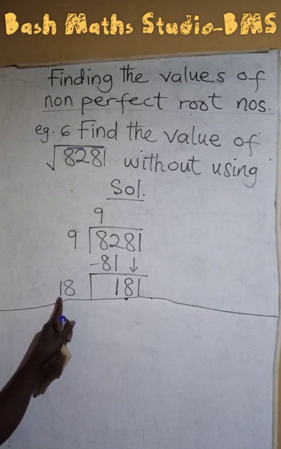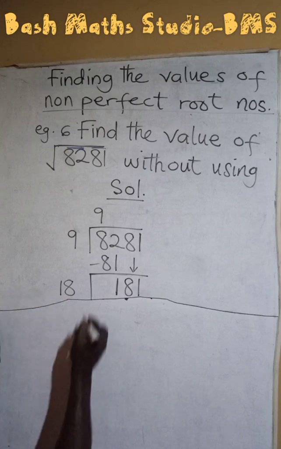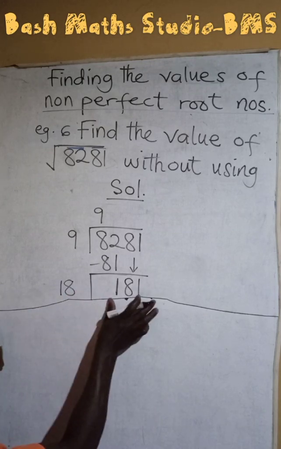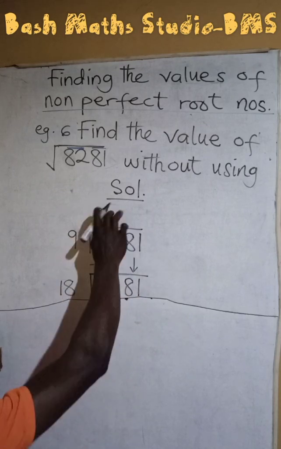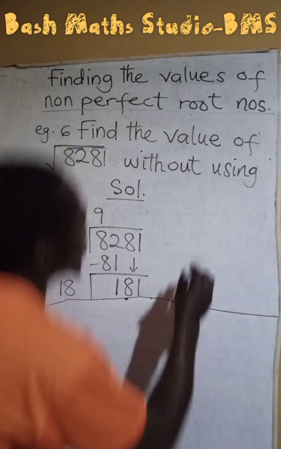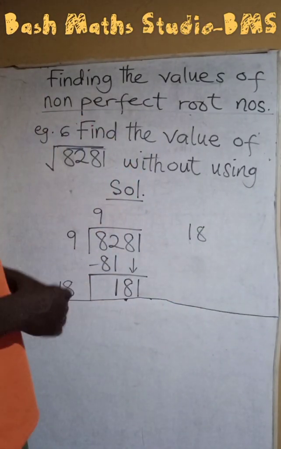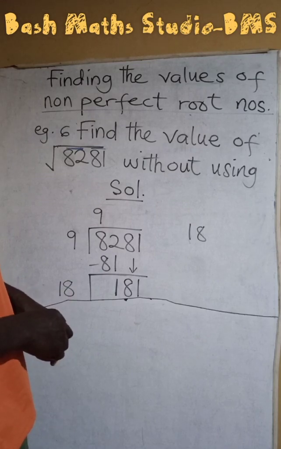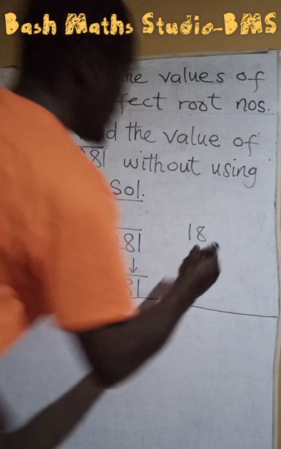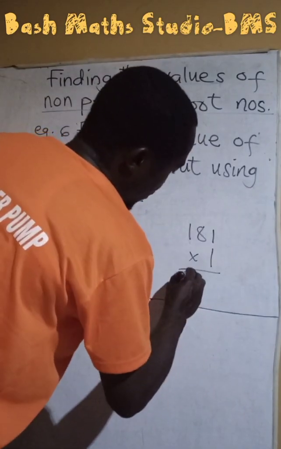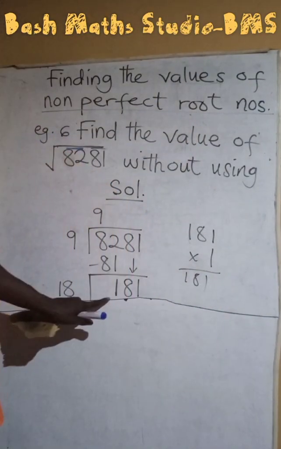And now here we have 18. Note that we are going to put a certain number here and multiply by that same number such that it is closer or equal to that, and that same number should be put up there. So let's pick our 18, and then we'll do trial and error. Let's say if we start from 1, we multiply by 1, so we can get 181, which is equal to that.